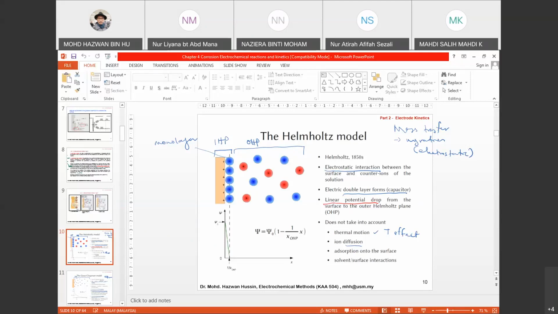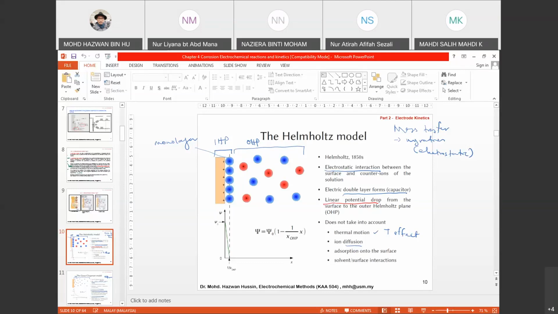Okay. Basically, the Helmholtz model, as I said, accounts for the first mode of mass transfer, which is migration, because migration happens due to electrostatic interaction. This is what we learned in chapter 1 for mass transfer.